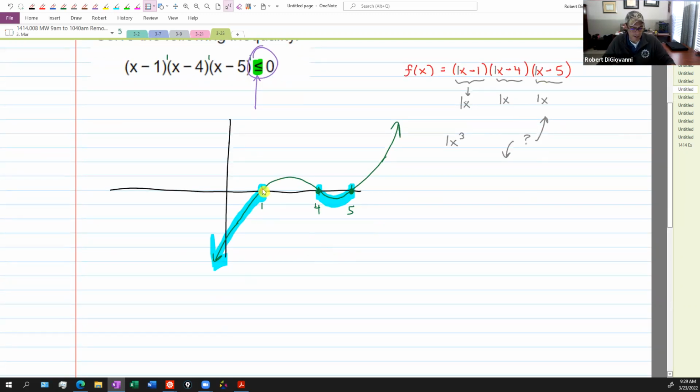So that's everything to the left of 1. So here comes my answer, solution. Negative infinity to 1. Include 1 or no? Yes, include 1, bracket. Okay, union, now I want 4 to 5, everything in between, and including both the 4 and the 5. So bracket 4, 5, bracket, done.